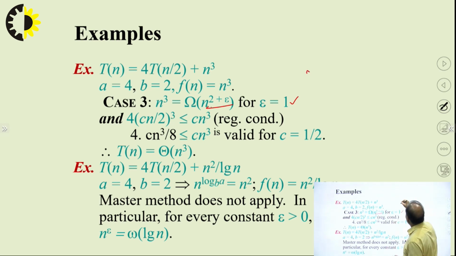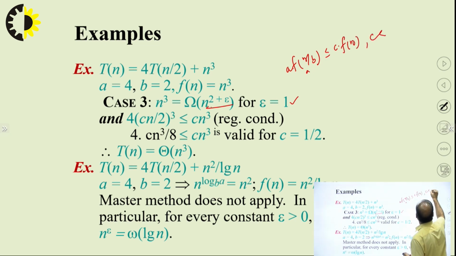The second condition was a·f(n/b) should be less than or equal to c·f(n), and c should be less than 1. So here a is 4, b is 2, and f(n) is n cube.